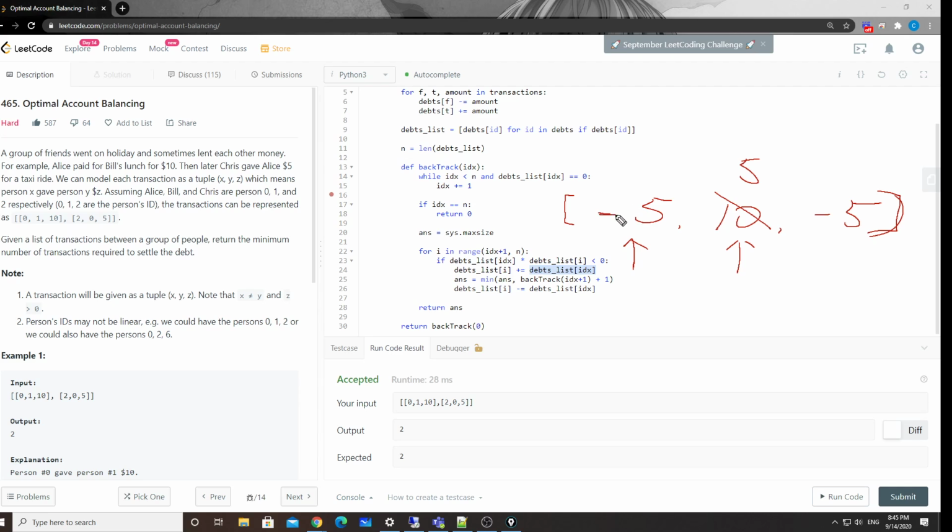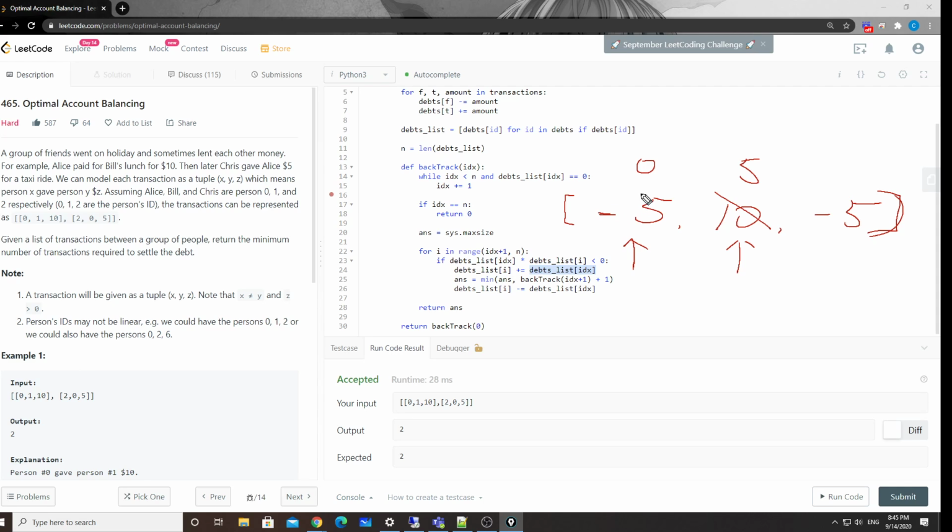But we didn't change this negative 5 to 0. Although we can, it's not necessary. Ideally, after settling, this thing needs to become 0, but since we're always moving the index forward and assuming everything before the index has been settled, we can save time.